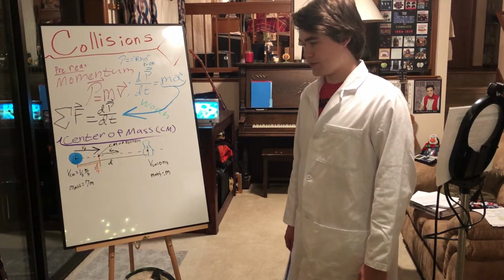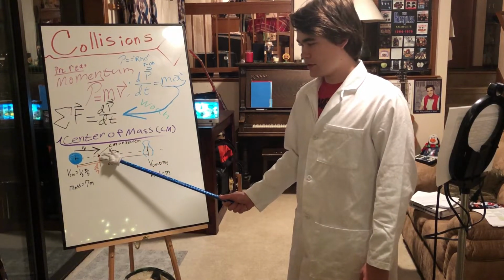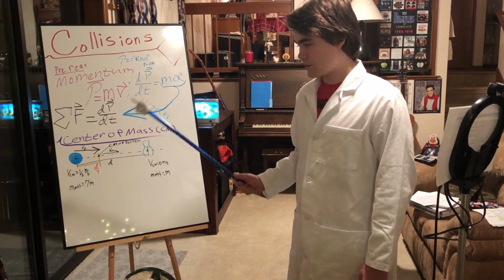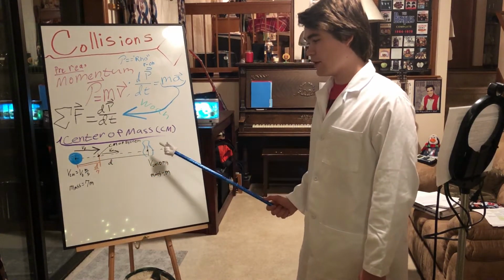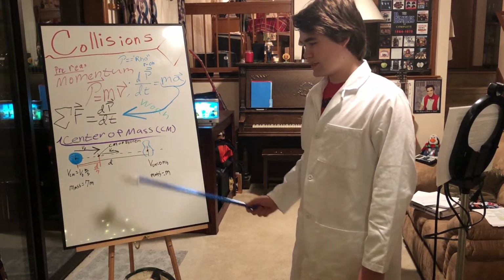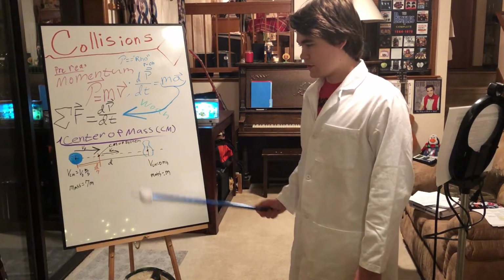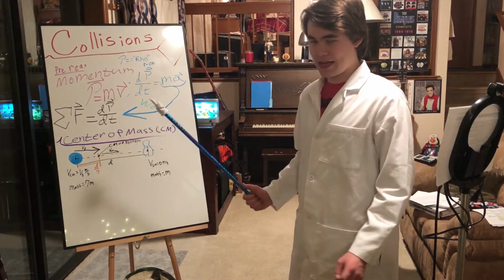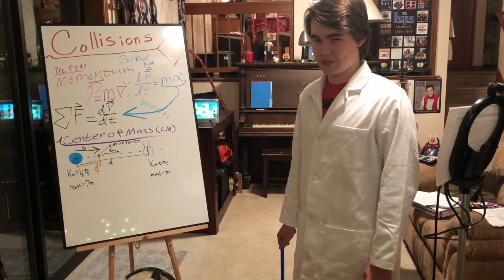From a center of mass reference frame, you put yourself in the center of mass. So, with respect to the center of mass, the ball is moving toward it and the pin is also moving toward it. Since the center of mass stays proportionally the same, the ball and the pin are coming toward the center of mass at the same ratio. This makes complex collision problems easier to solve.